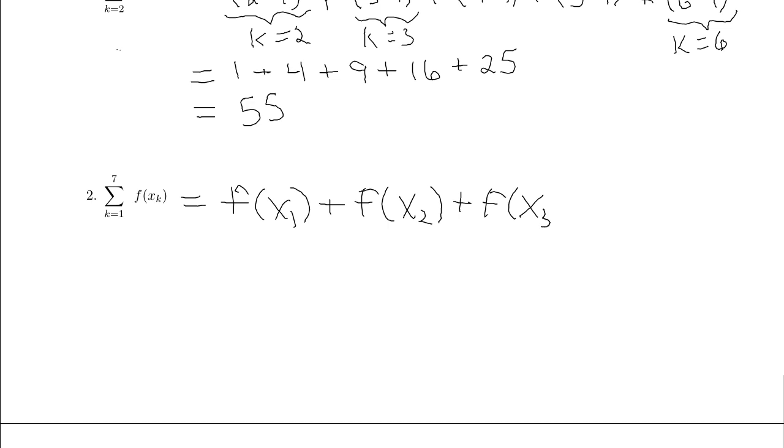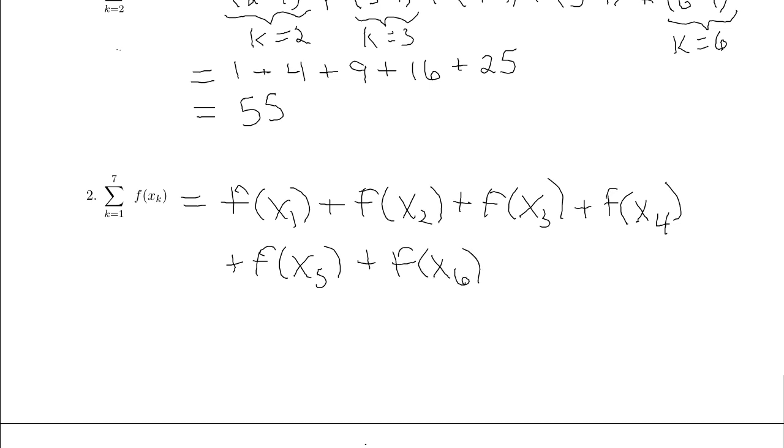So f of x3 plus f of x4 and so forth, plus f of x5, I know this is kind of tedious, plus f of x6, and last but not least, our final term when k is equal to 7 is f of x7. And we don't know what f is, so we have to leave it like that. But that is what the sum symbol is expressing, exactly what I've written down. So rather than writing down these 7 terms, you could write down the single term and it means the same thing.